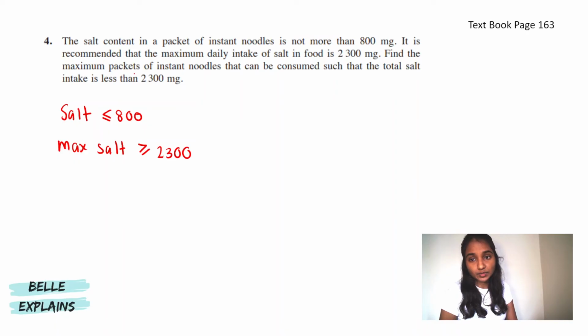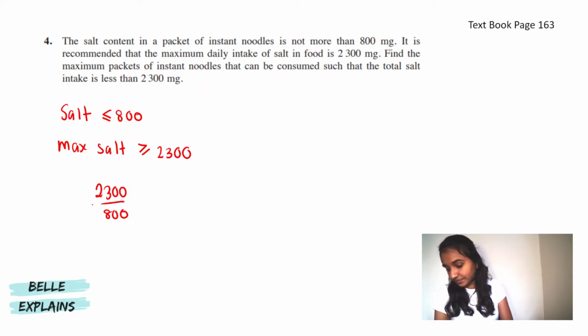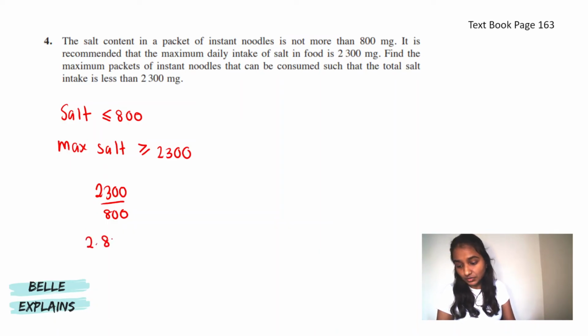Find the maximum packets of instant noodles that can be consumed such that the total salt intake is 2,300 milligrams. Okay, so 2,300 divided by 800. This gives us 2.875 packets. Let's fix this at 2 packets.